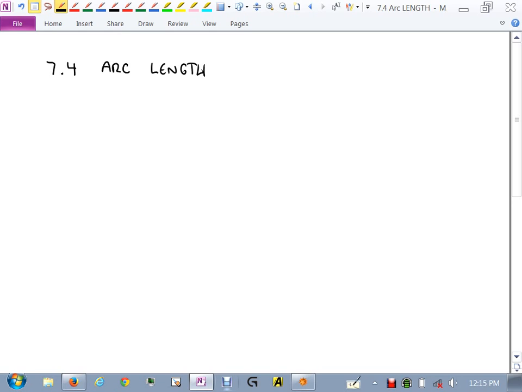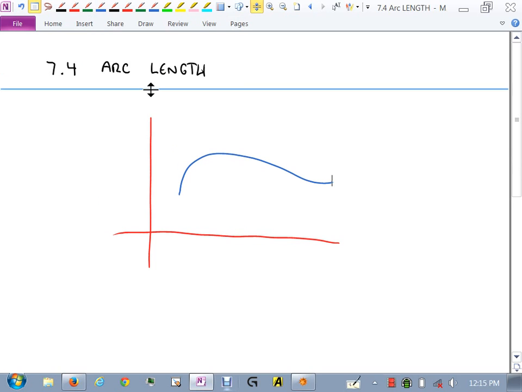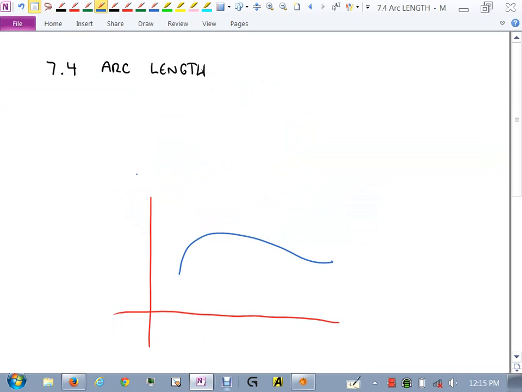We have a curve, a function. Let me draw it a little different. It may be easier for me to do this. There's a curve, okay? We're going to be looking from A to B here.